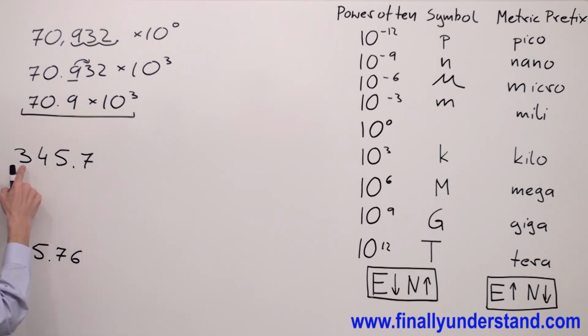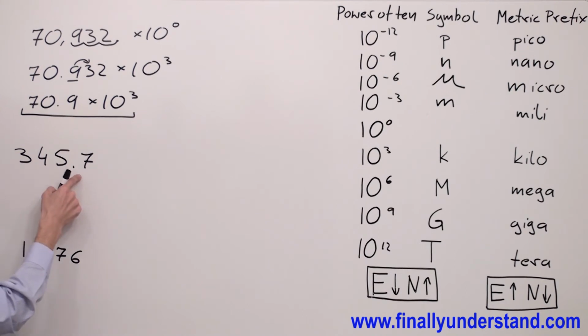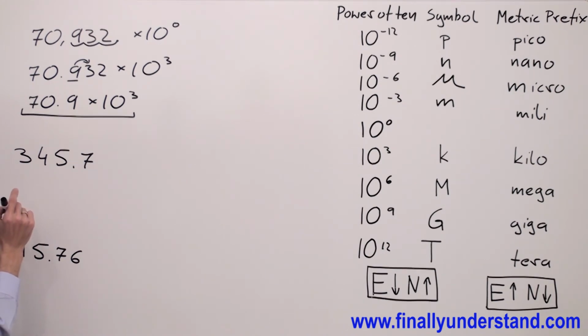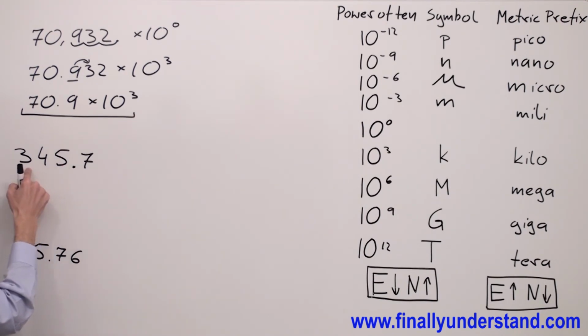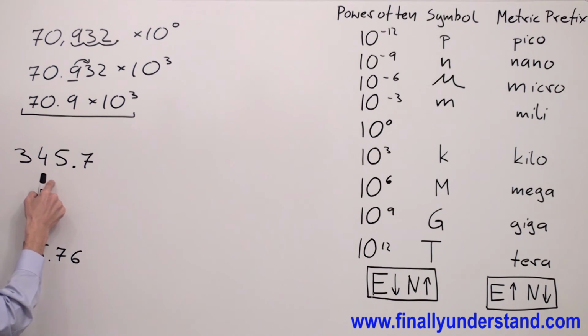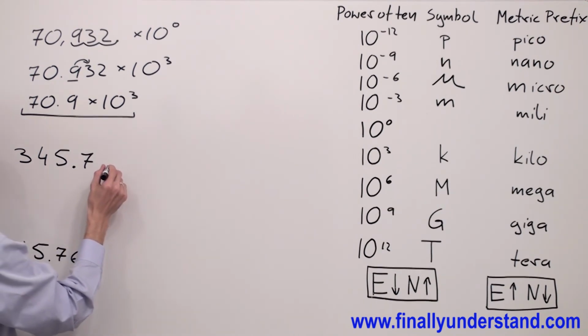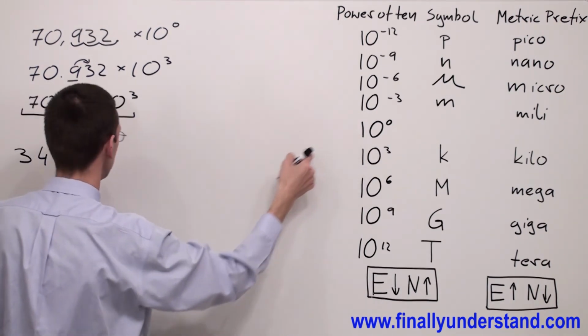Now I have number 345.7. I'm supposed to round this number to the 3 significant digits. Now the number on the left side of the decimal point is between 1 and 999. So my invisible power of 10 is 10 to 0.